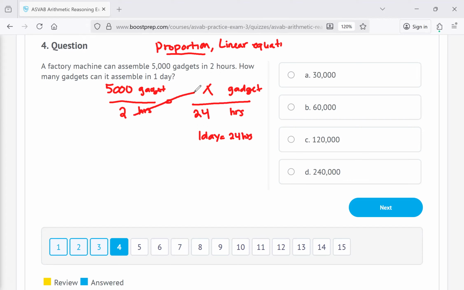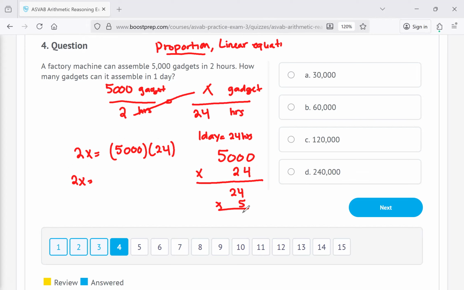Okay, so go ahead and cross multiply. 2 times x is 2x. And then this is going to be 5,000 times 24. Do the math. What you could do is 24 times 5, which is 120.